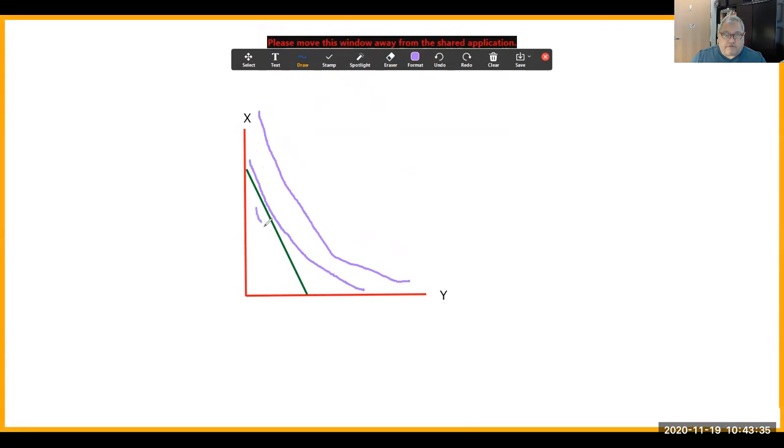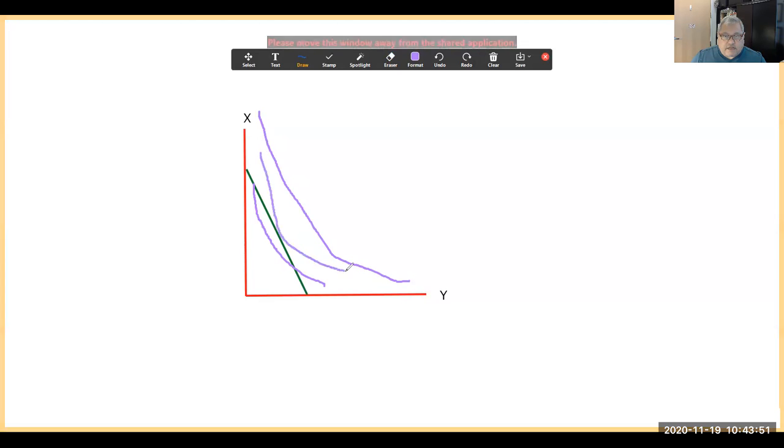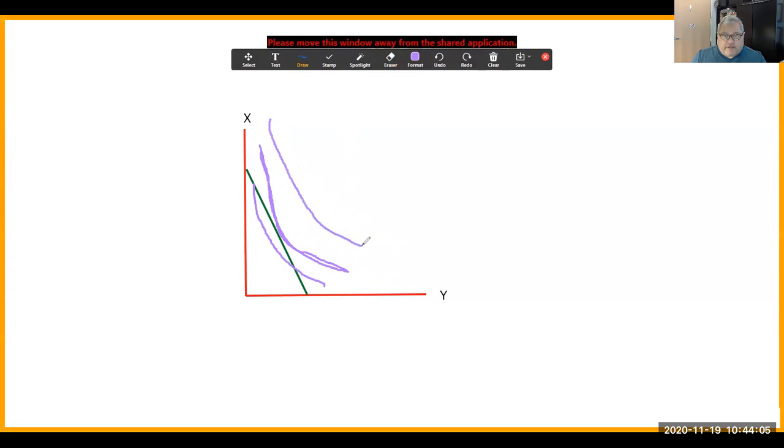And here's another level of utility. And these purple lines cannot touch each other because they are different levels of utility. So I'm going to call them U1, U2, and U3.